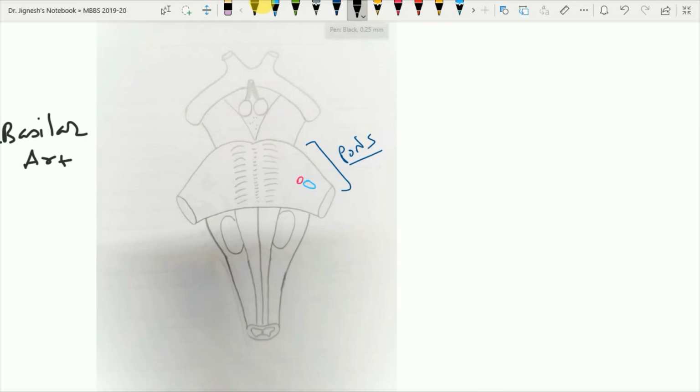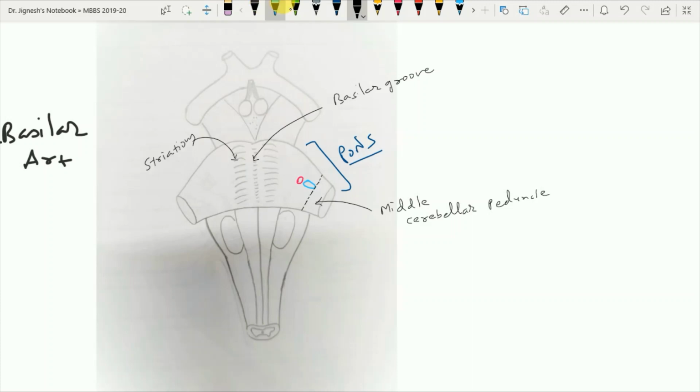The imaginary line passing from the lateral aspect of this sensory root will separate the pons from the middle cerebellar peduncle. Here in the midline, we can see the basilar groove, and on each side the horizontally running striations are there, and these striations are because of the corticopontocerebellar fibers.